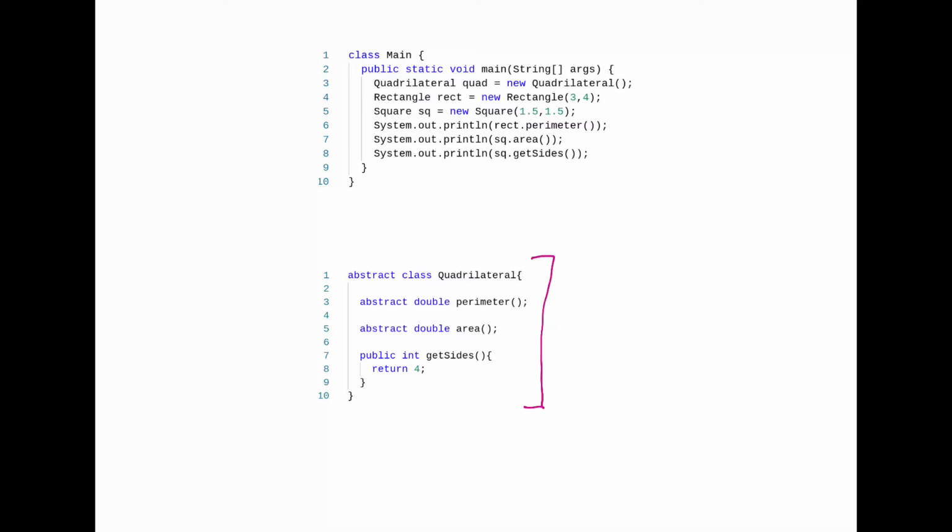So an abstract class is just a to-do list, and it tells all of the other classes, the child classes, what methods or what variables they need to have. So this basically tells us that if anything inherits Quadrilateral, then it needs to have a method called perimeter, a method called area, and a method called getSides.